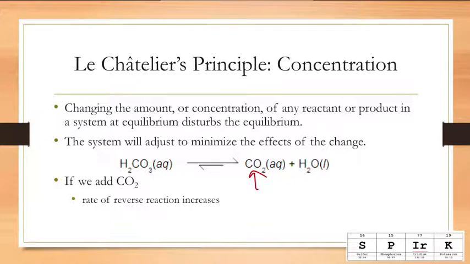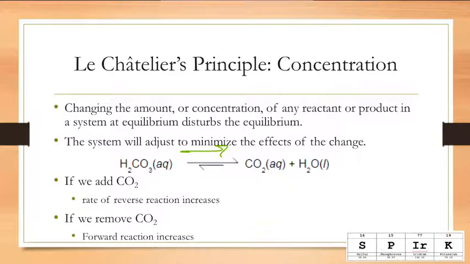To alleviate that stress, this reaction is going to produce more reactants. If we remove CO2, the reaction would move in the forward direction. Carbonic acid would decompose faster to make up for the lost CO2.